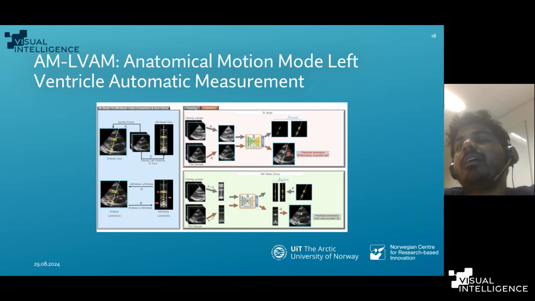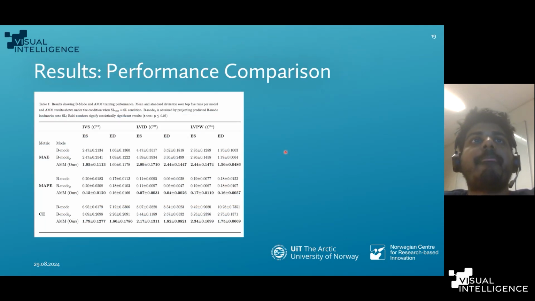We can perform measurements at the basal level and mid-ventricular level without having to train the neural network model with supervision at the mid-ventricular level, because the user can just provide an input scan line at the mid-ventricular level, and this model will provide the 4 landmarks along the input scan line.